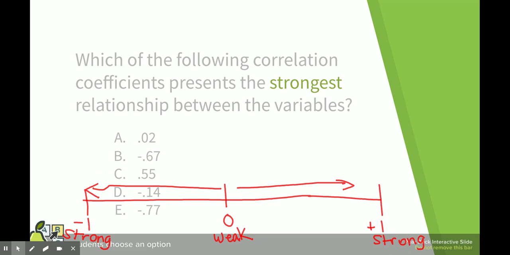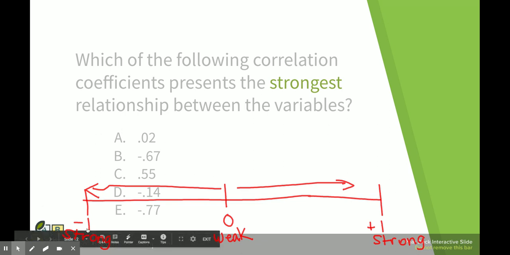Okay, so the correct answer here is -0.77. Okay, here's why again. This number, -0.77, is the closest to either -1 or +1. Okay, it doesn't matter that it's negative because it's as close to +1.